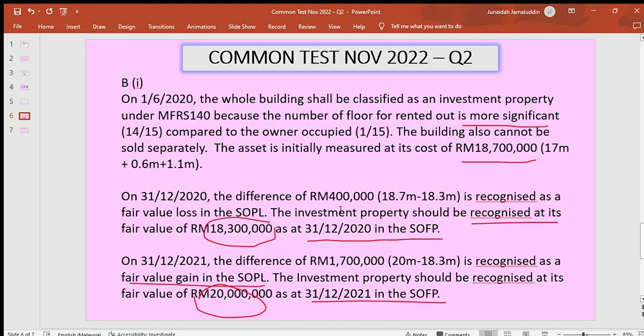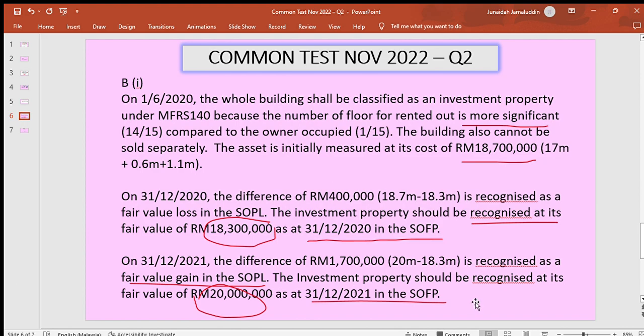So it will be disclosed under other expenses in the SOPO. And for year ended 31st December 2021, we've got a fair value gain amounted to 1.7 million here. So we can show the fair value gain under other income in the SOPO.